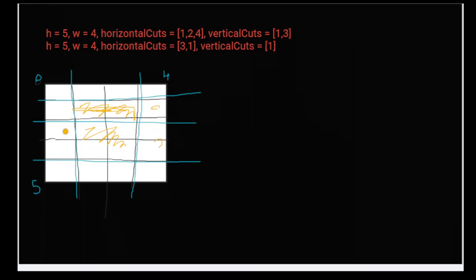Checking all possibilities, we see that this particular area from here to here is 2 by 2. That's maximum, because this is 2 by 1, this is 1 by 1, again 2 by 1. So the area we get is 4.